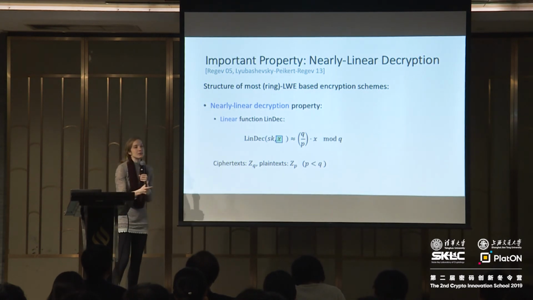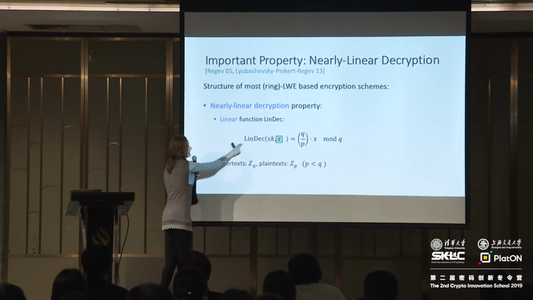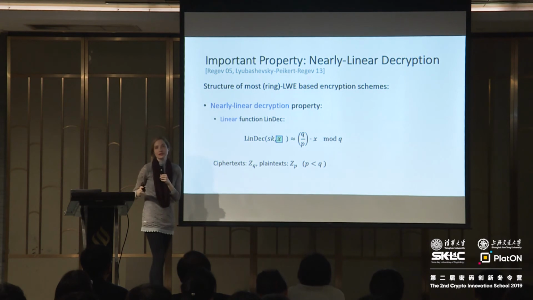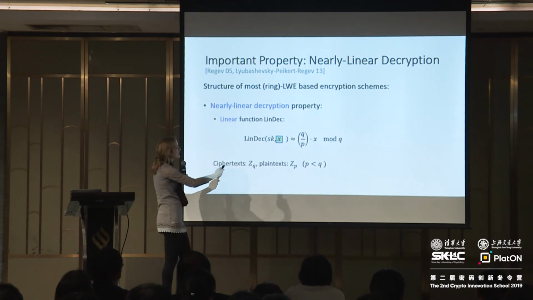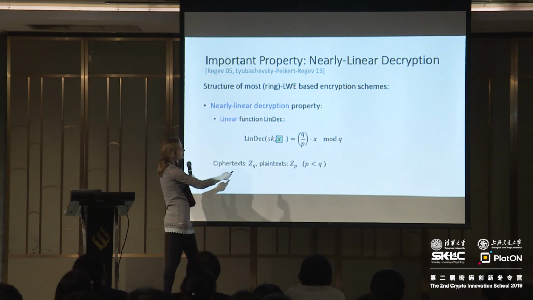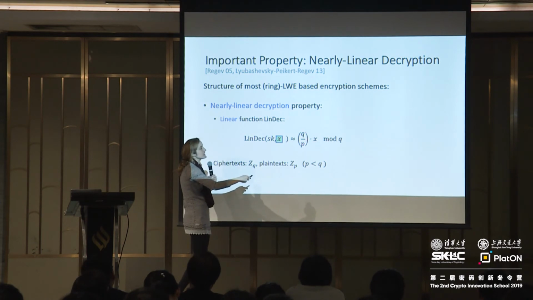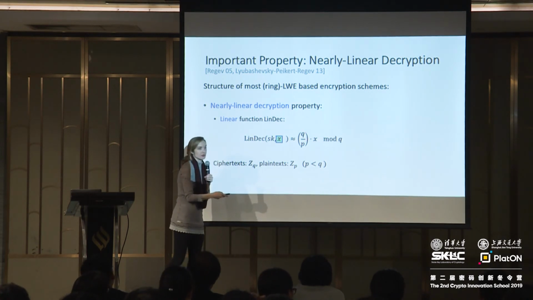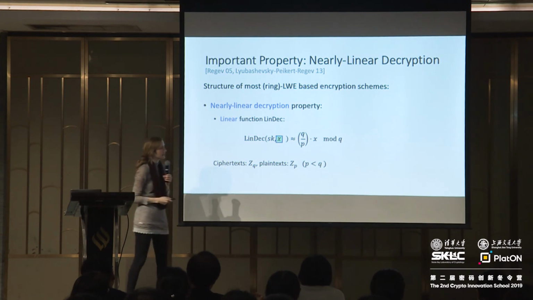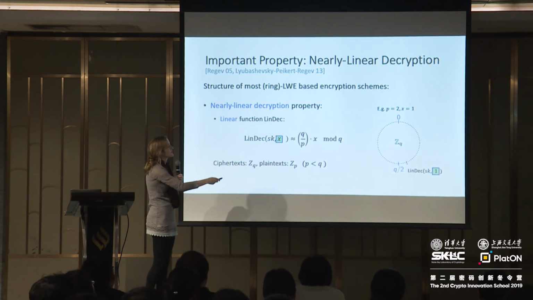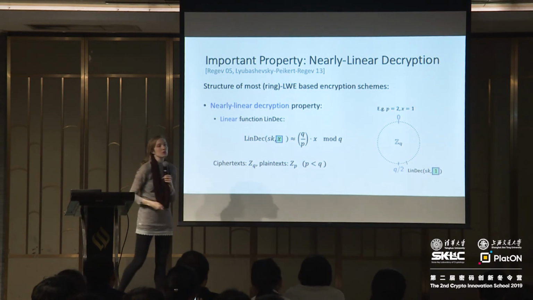There exists some linear function, I'm going to call it lin dep, linear in the secret key, such that if I apply this linear function to the ciphertext and the secret key, this is not full-blown decryption, but what I get is almost equal to, so it's this value plus some error mod q, q over p times x. For example, suppose that p was 2, which may look more familiar. When you do this decryption, you get some value that's either close to 0 or close to q over 2.